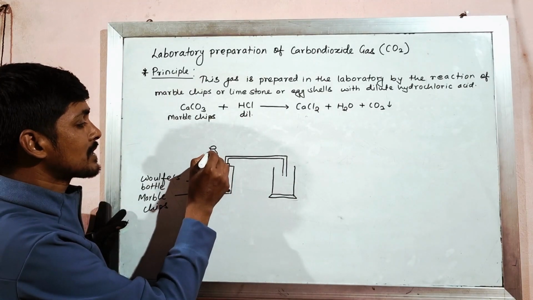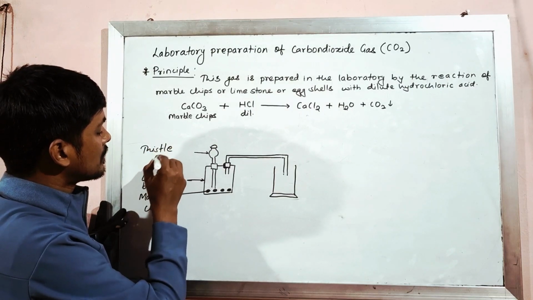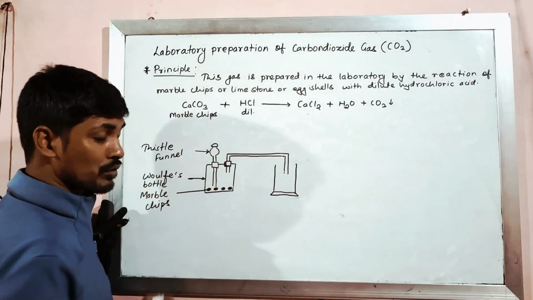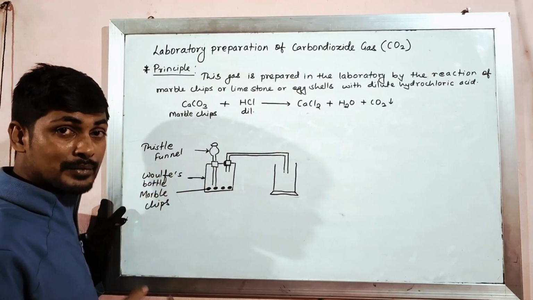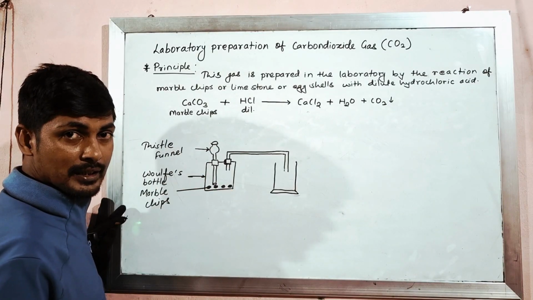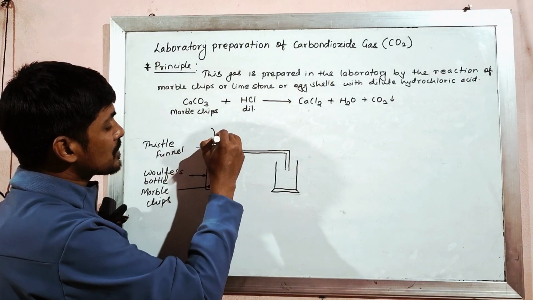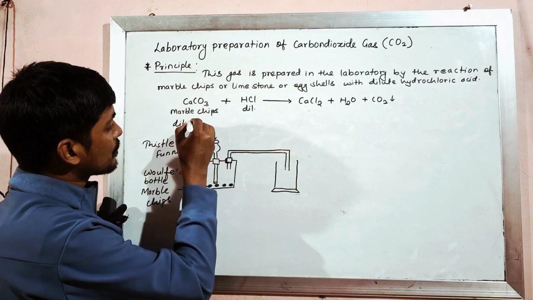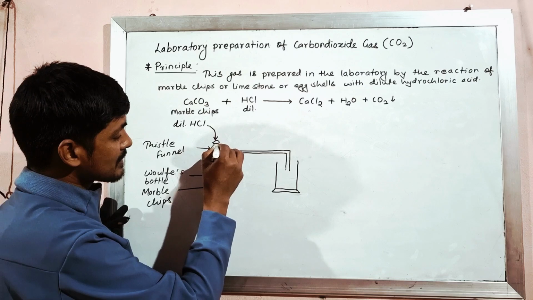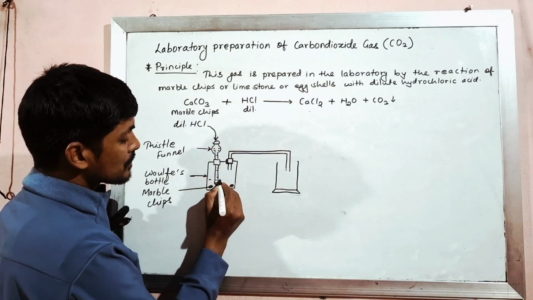A funnel is a structure generally used to transfer liquid from one container to another. Here we use dilute hydrochloric acid, HCl. This dilute hydrochloric acid is in liquid state, so it is transferred through this thistle funnel into the Wolf's bottle.